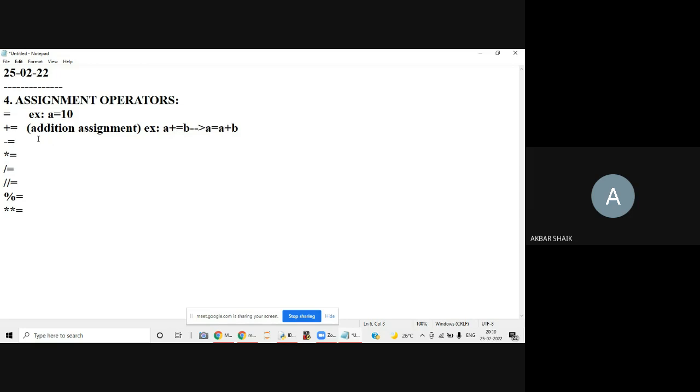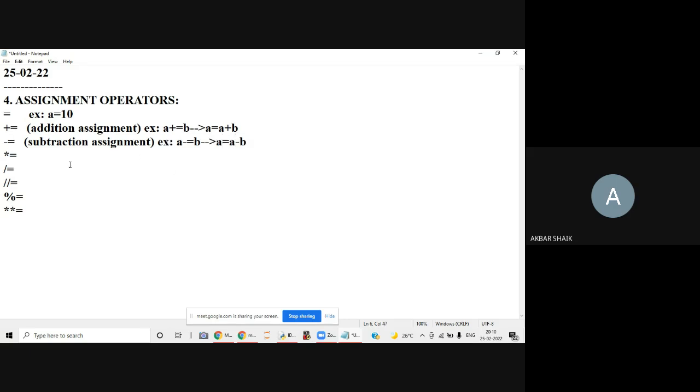Similarly, this is known as subtraction assignment. What is meant by subtraction assignment? Subtract then assign. Subtraction assignment is a minus equals to b. So this is nothing but a equals to a minus b.